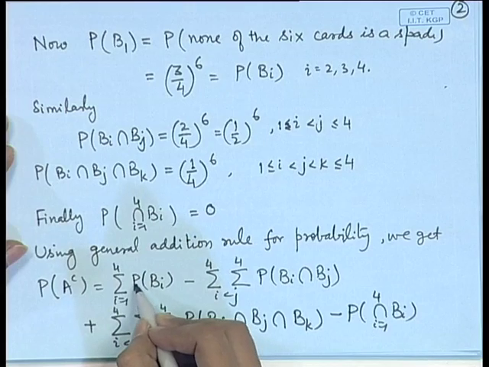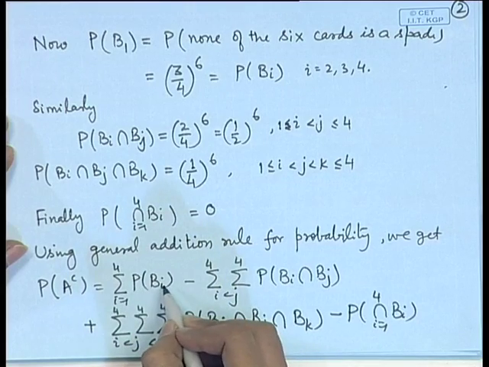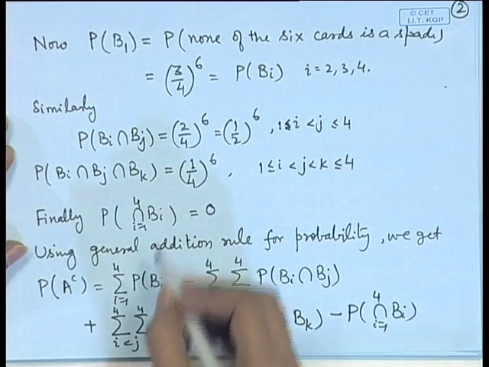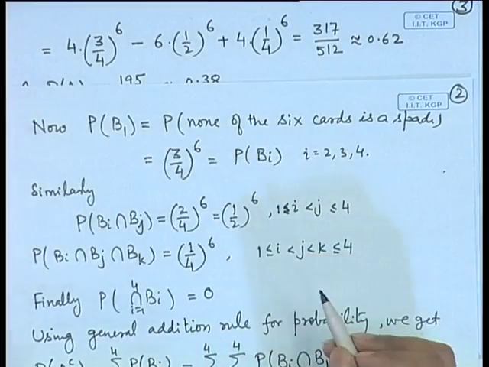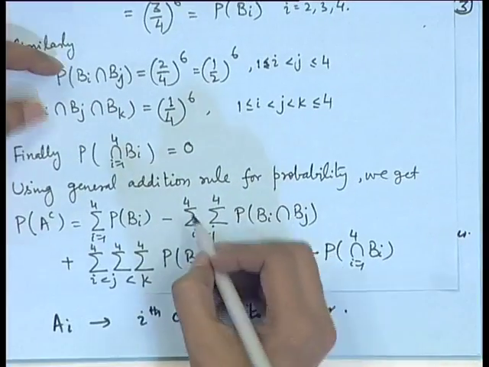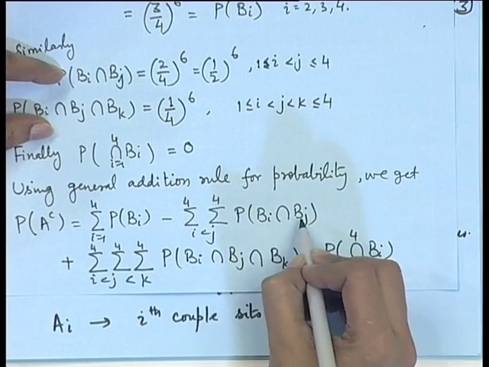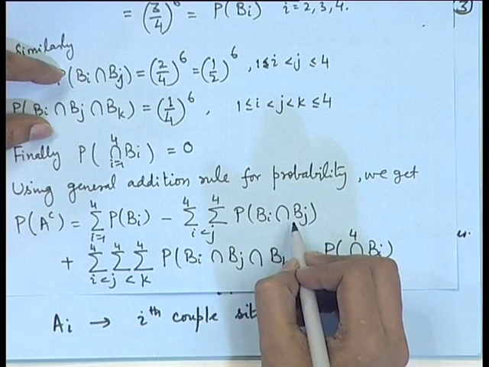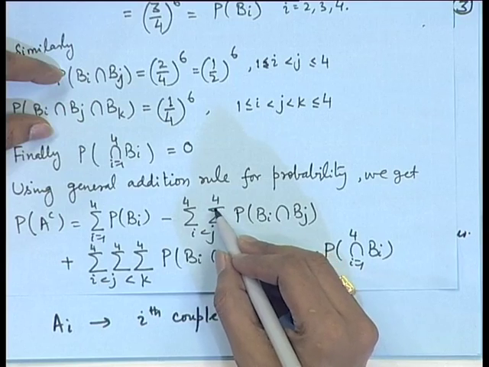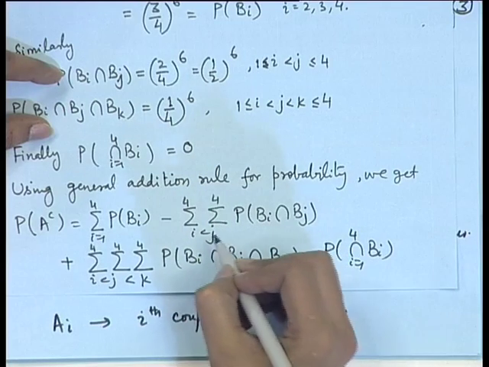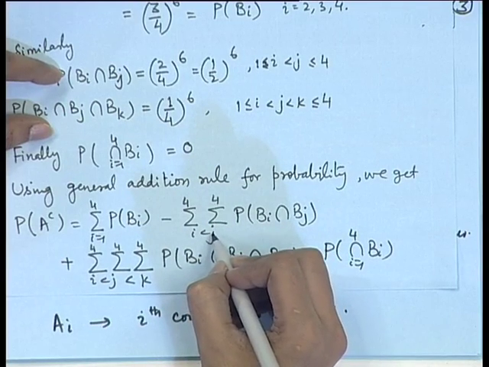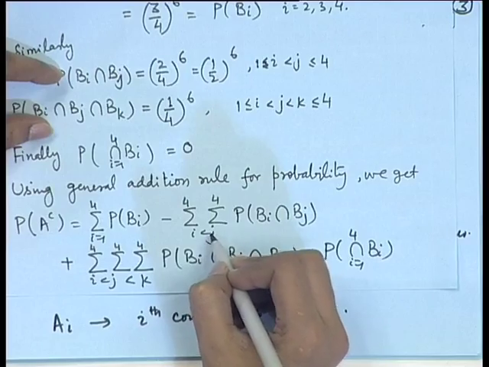So, there are 4 terms of probability of B_i, each of them is equal to 3 by 4 to the power 6. Then, if we look at the second term, which is having the probability of intersection of 2 events, then out of 4 there are 2 selections here, where i is less than j. So, it is 4C2 combinations.